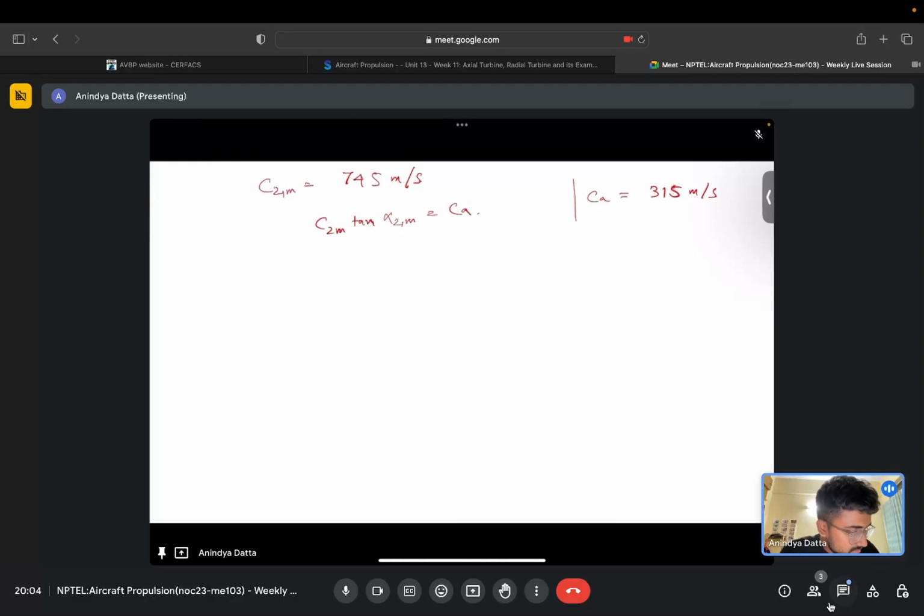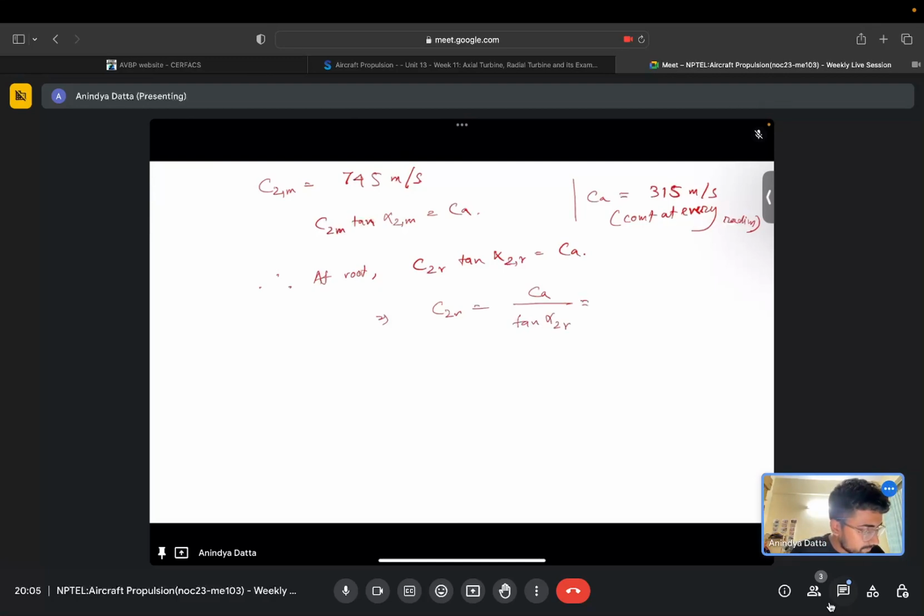Similarly, at root, C2R into tan of alpha 2R will be equal to Ca, and Ca is constant at every radius. So C2R is Ca by tan of alpha 2R.